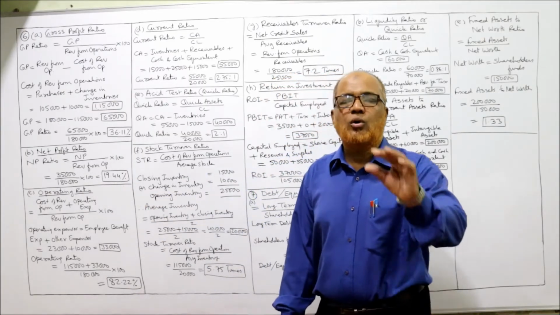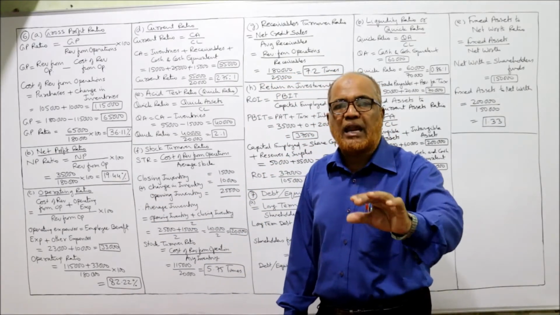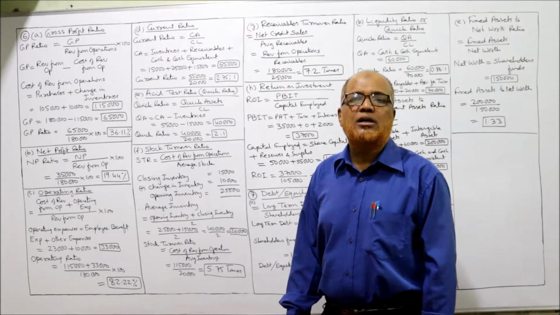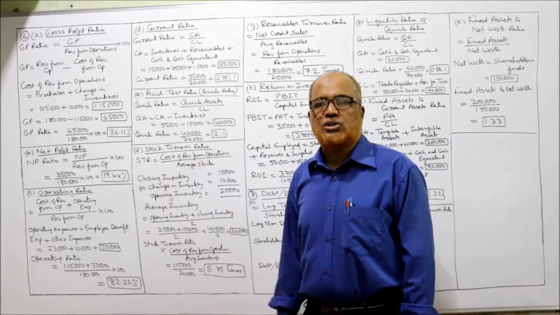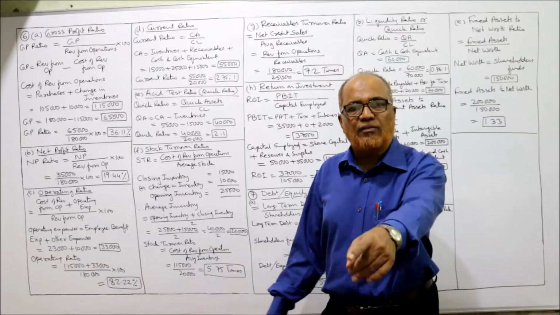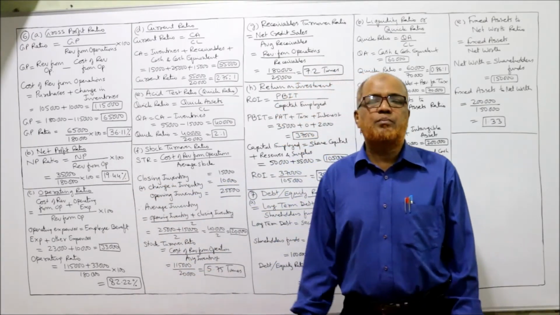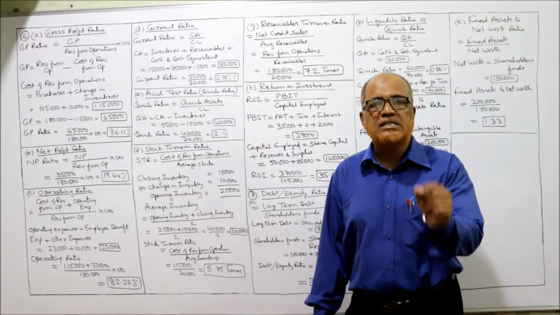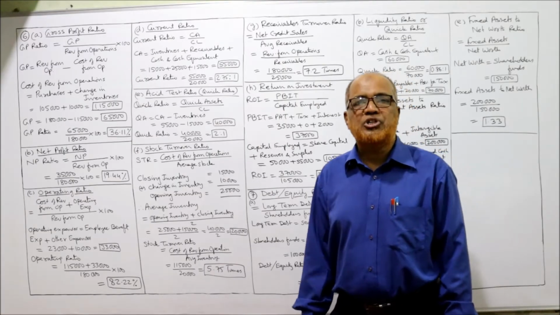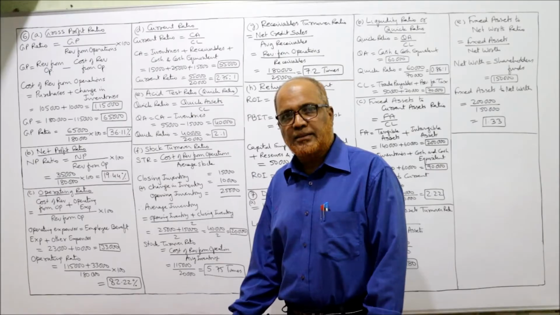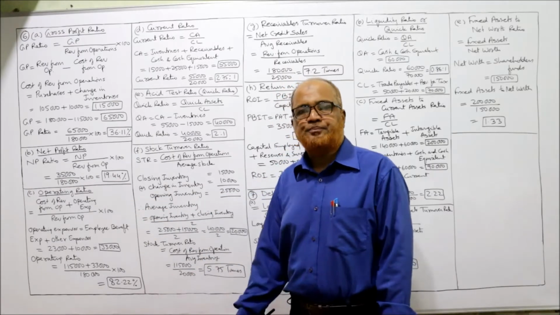Gross profit ratio is equal to gross profit divided by revenue from operation into 100. Gross profit 65,000, revenue from operation given in the problem 1,80,000, into 100. You get 36.11%. This is the gross profit ratio. That's it. Second, net profit ratio.